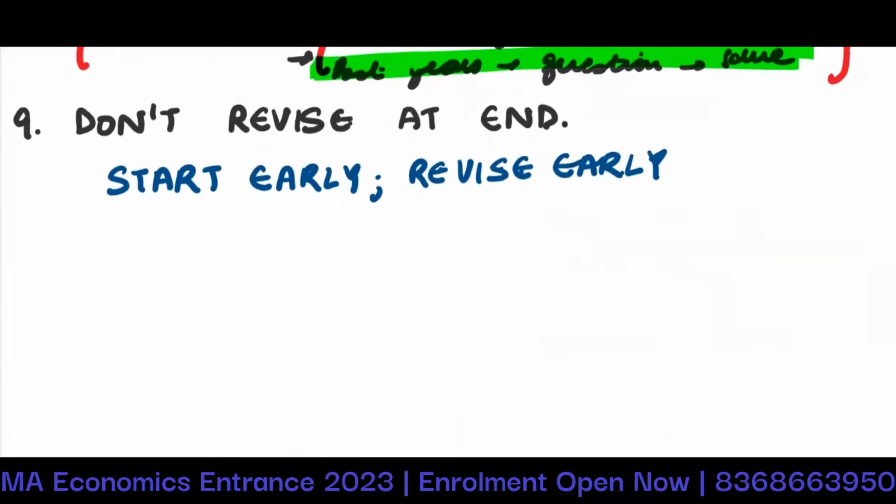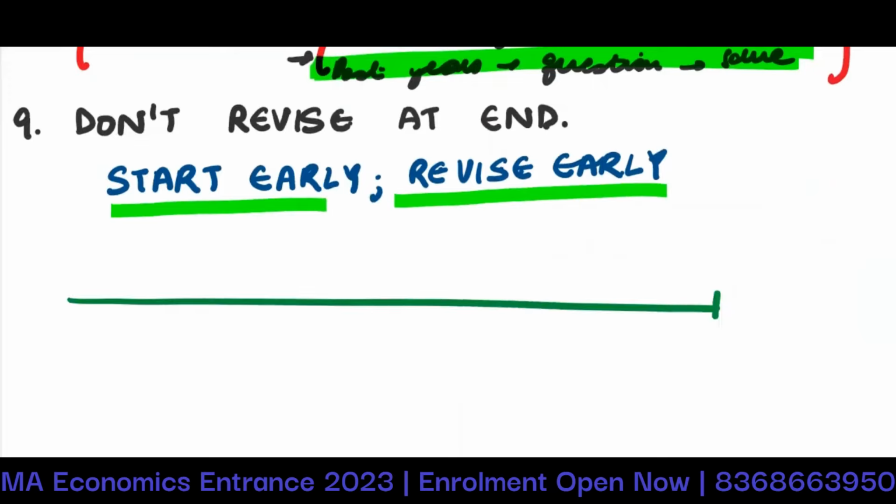Okay. The next is, don't revise at the end. Start early, revise early. It should not be the case that if your entrance exam of IIT is in Feb, for example, this is where the exams begin, you're revising in Jan. This is not a good approach to follow.